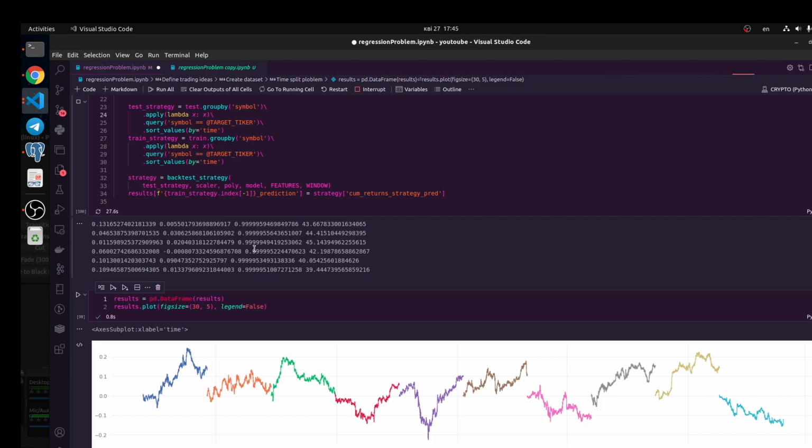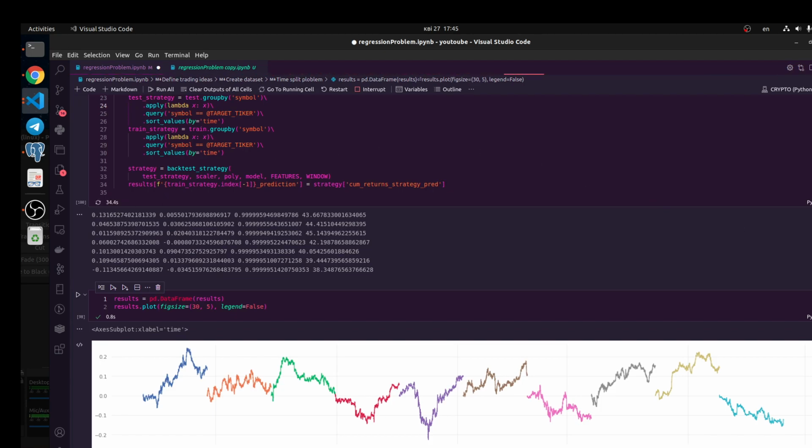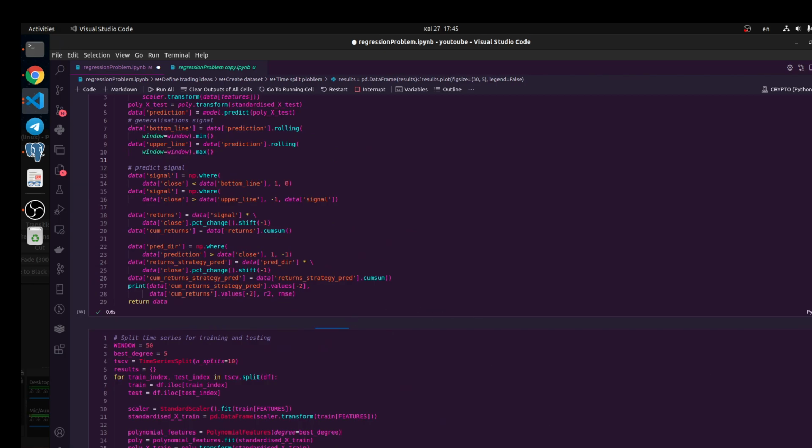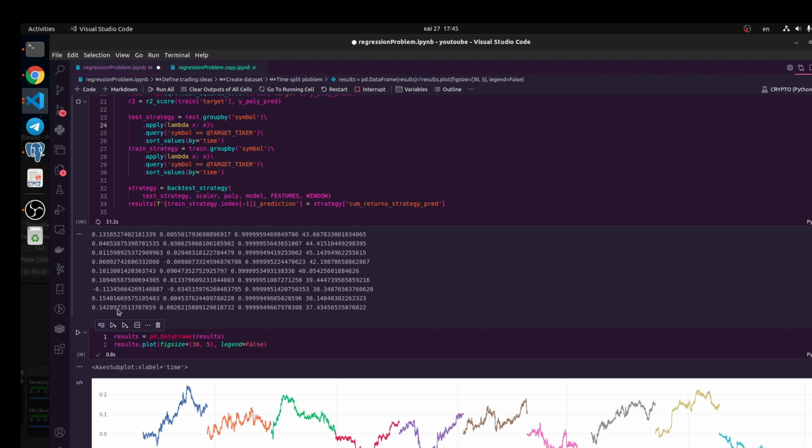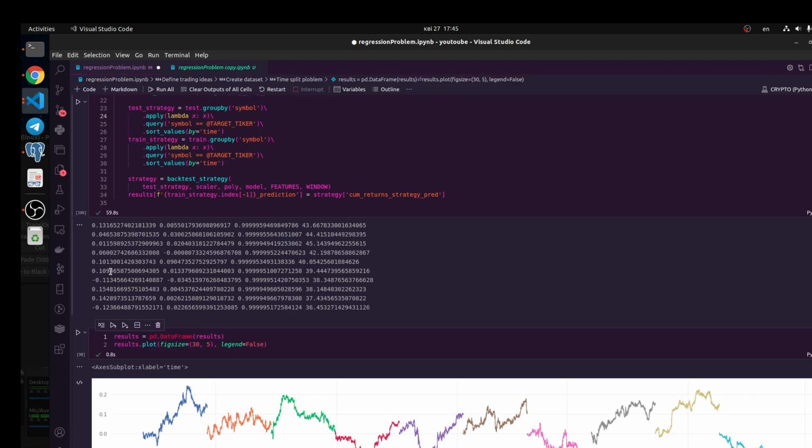What's interesting here is that we ran our strategy 10 times on test data, because I used the test strategy and data from the test set, and we have only two loss periods. It means 30%, it means 40% cumulative returns at the end of the trading period.